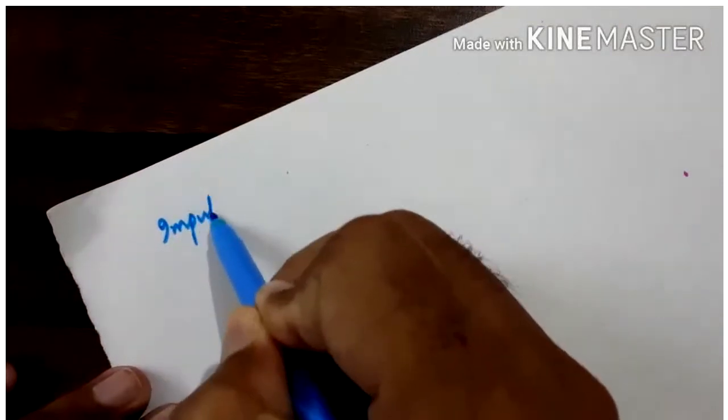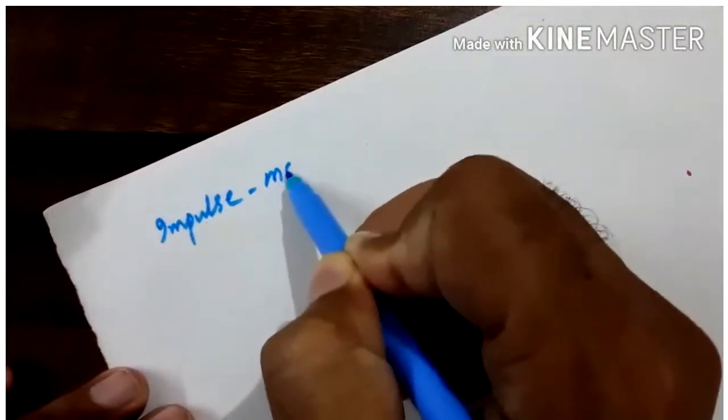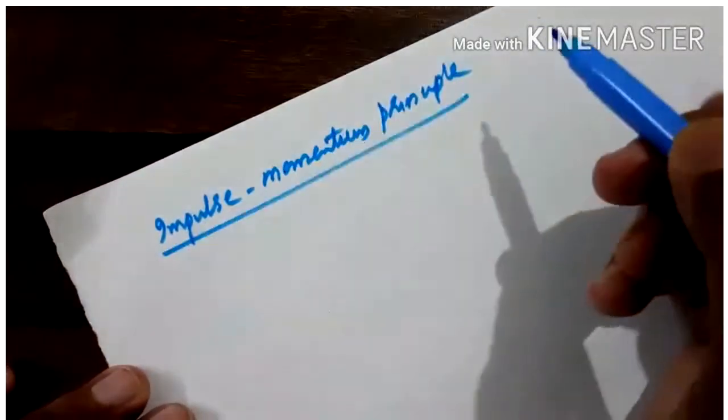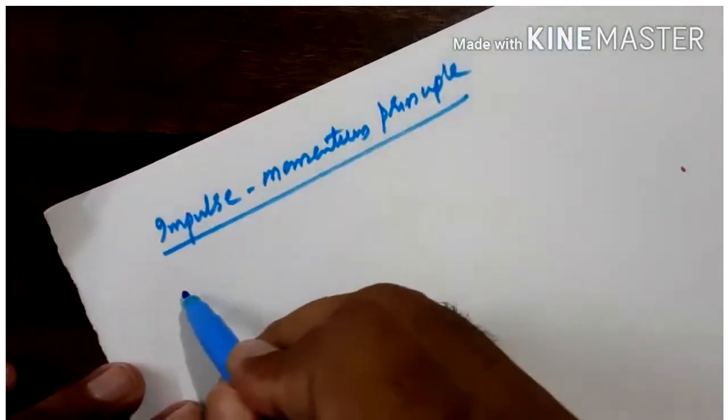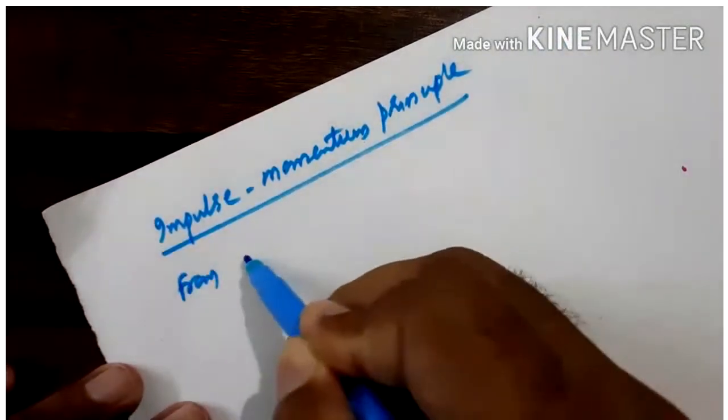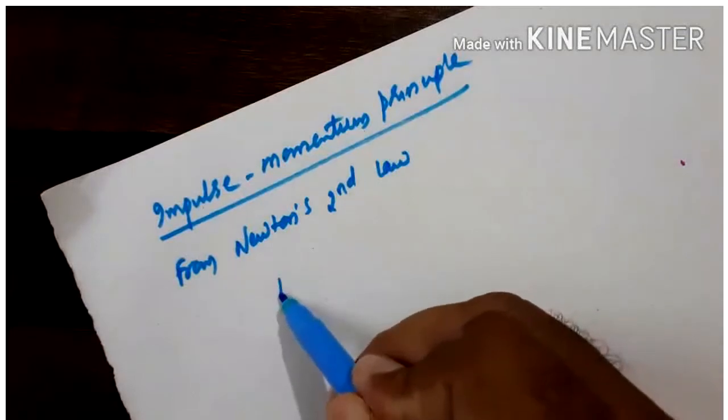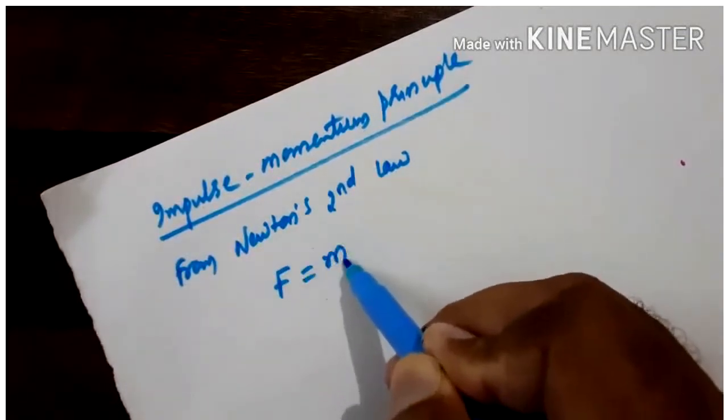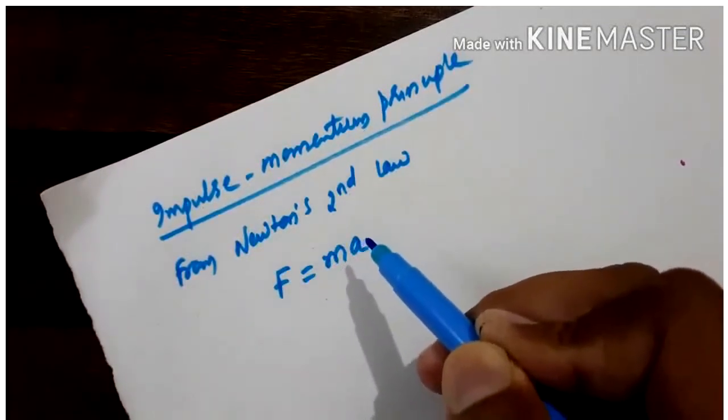Next is the impulse momentum principle from Newton's second law. What is Newton's second law? That is F equal to m into a.